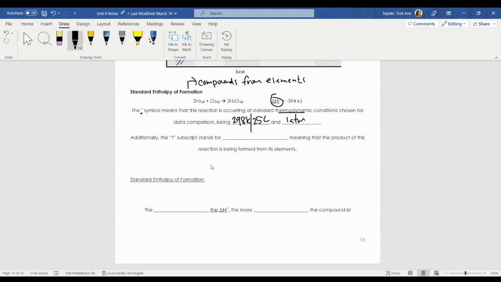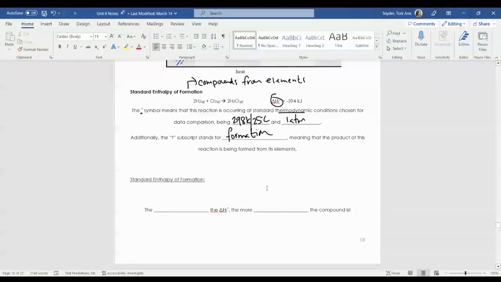Additionally, the F subscript, we said, stands for the formation, meaning that the product of this reaction is being formed from its elements, which we said right here. So let's get a definition for this, which we've already kind of talked about, but we'll get a nice little formal definition here.